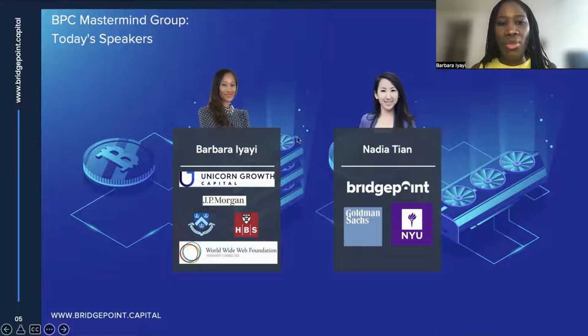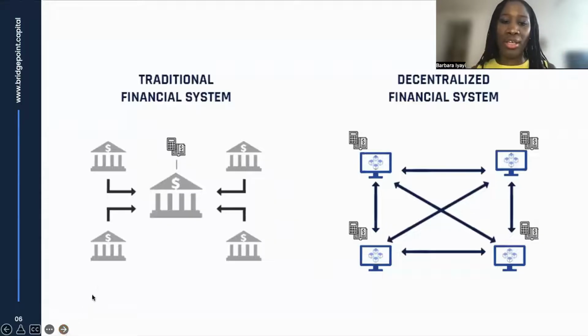I think the important thing is, traditional finance has always been a construct that has been defined by the banks, the regulators, centralized authorities. The power of decentralized finance is that the power shifts to essentially the community.